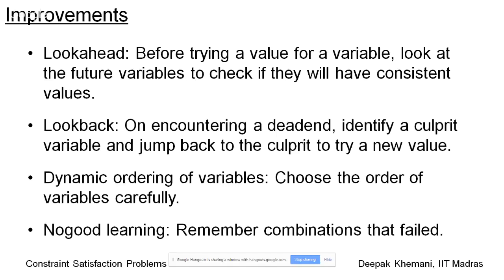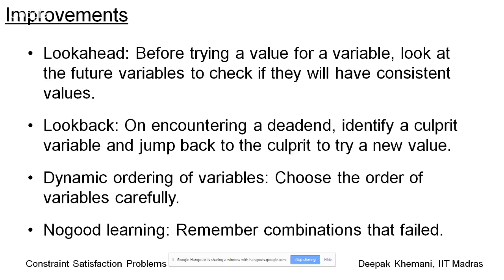And the last thing that we can do, and this is true especially for large problems, is no good learning. If you can remember what combinations of partial solutions or partial instantiations fail, and if you encounter the same combination again, then you don't have to proceed further from there, and you can backtrack immediately.